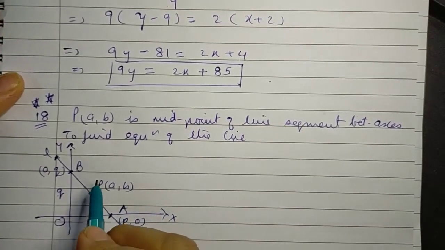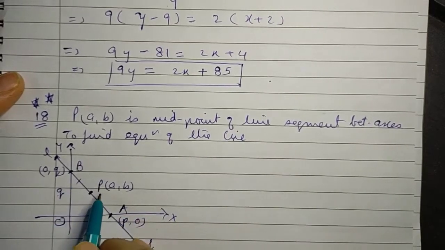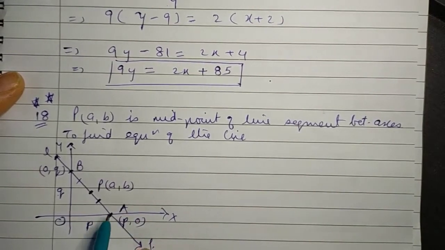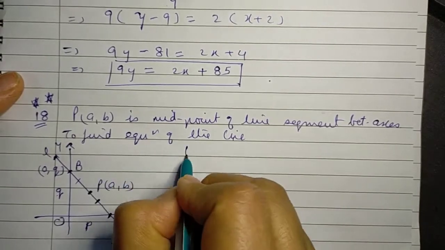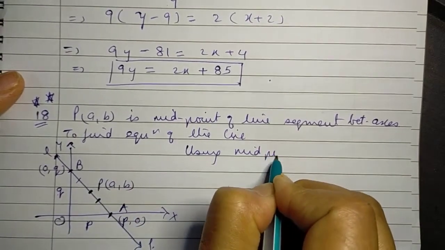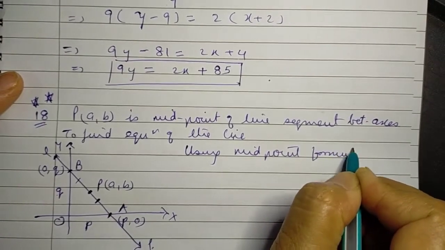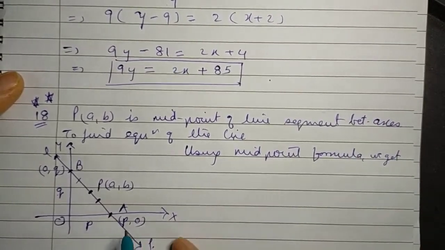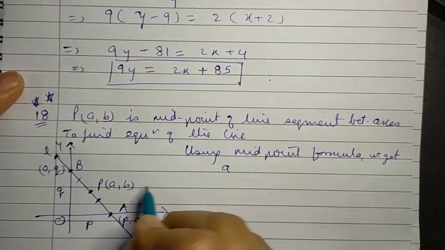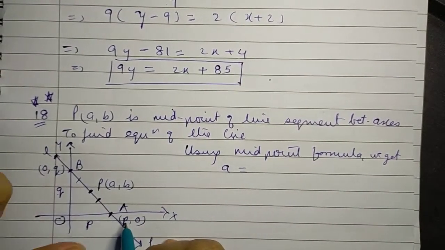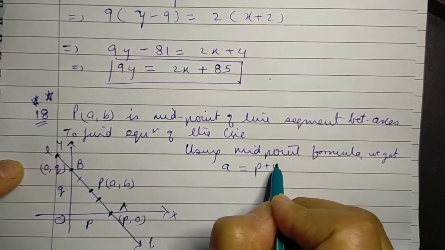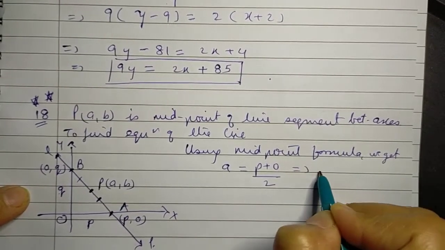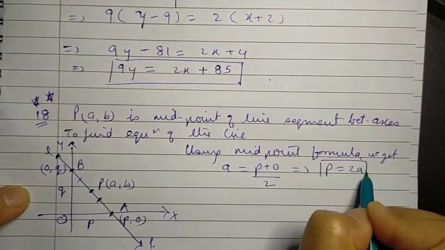Now here we'll use the midpoint formula. We are given that the point P is the midpoint of the line segment AB. So using the midpoint formula, we get the x coordinate of the point P is equal to the sum of the x coordinates of A and B, that is p plus 0 upon 2, which gives us p is equal to 2a.